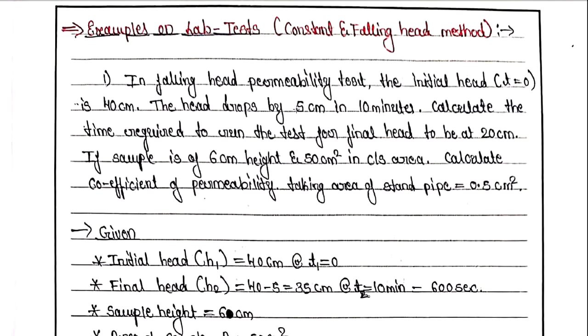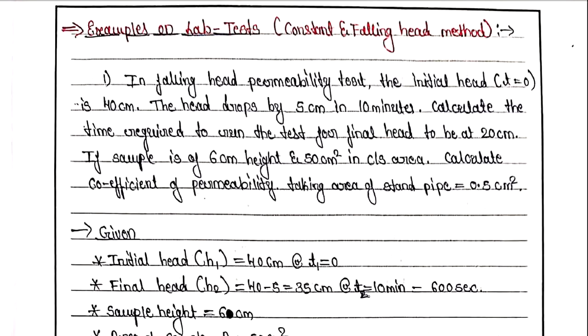So T1 is 0, T2 is 10 minutes. Small h1 is 40 and small h2 is 40 minus 5, because the head dropped by 5 centimeter. If they had given the final head, we could have taken that value directly. But since the drop in head is given, we subtract 40 minus 5 and take it as H2.